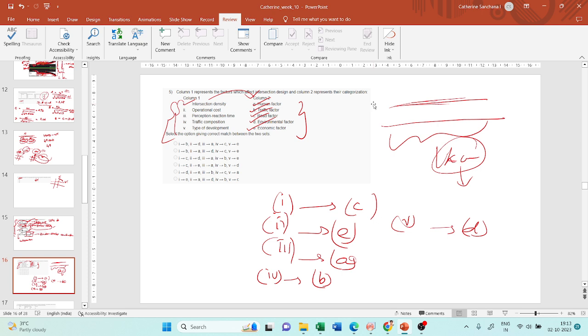So what is the type of property which is close to the roadway, what lighting equipment do you use, what are the environmental features of the road, all this will come under environmental factors. And economic factors, you will have cost of improvement, change in cost of operation of traffic, anything related to cost will come under economic factors. So the answer to this will be D.